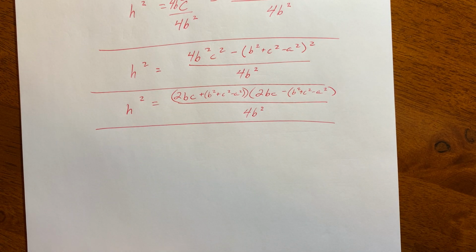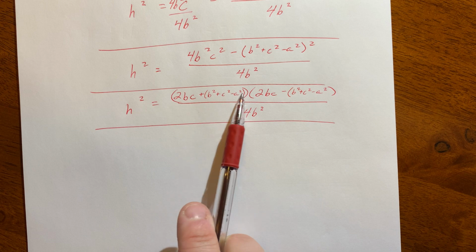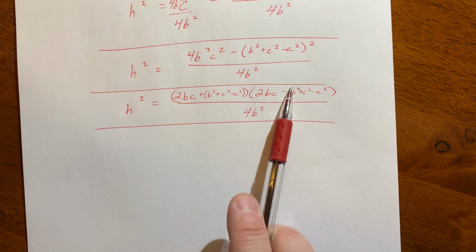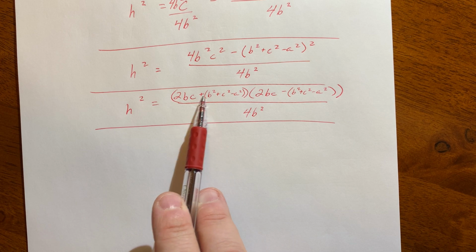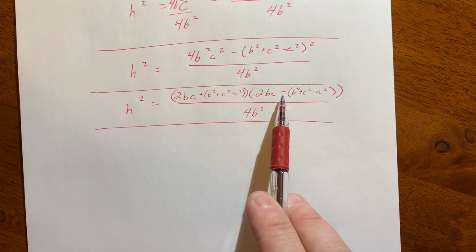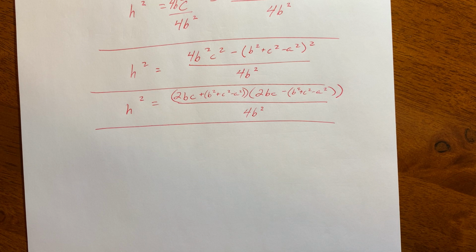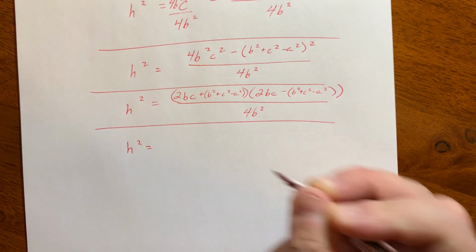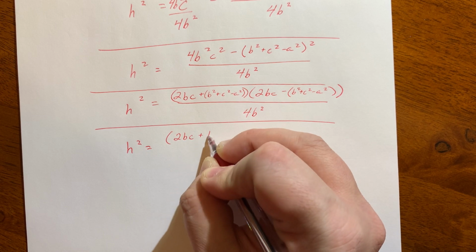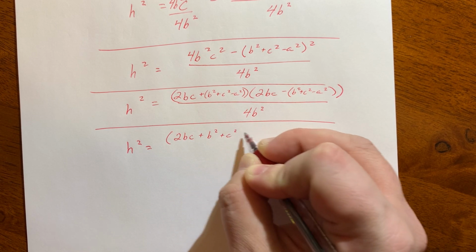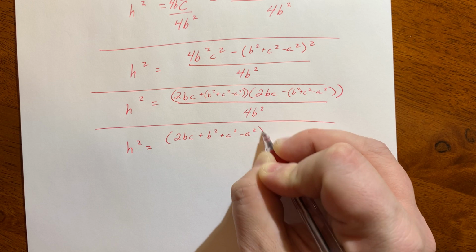Okay. What I'm going to do is I'm going to now remove the parentheses that this large piece was around. Okay, and I'm going to do that by distributing the positive to the one on the left and distribute the negative to the one on the right. So h squared will now equal parentheses 2bc plus b squared plus c squared minus a squared.